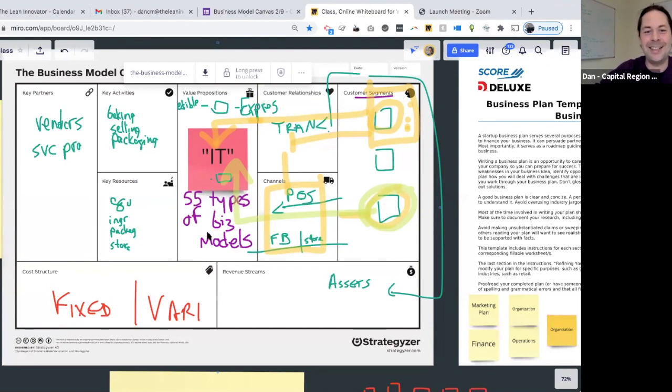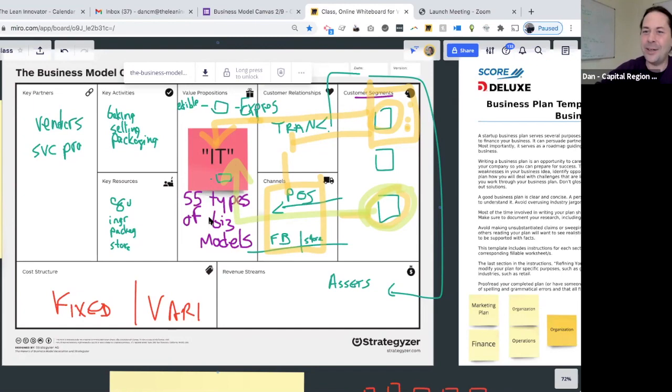So again, the process is map out your current business, pick out a model that you think is cool. Just say, okay, what would this look like if my business looked like that? And you would be surprised at how many cool ideas this helps you generate. Now, at some point you got to be like, wow, I just blew my own mind. What do I do?